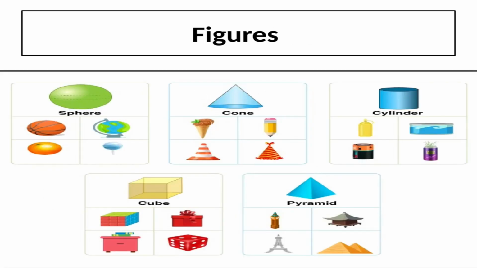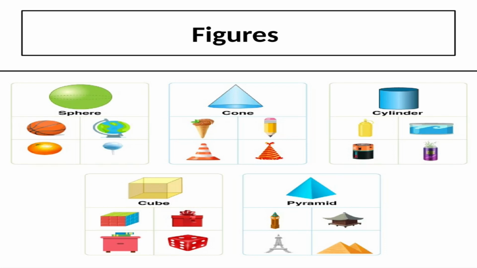In mensuration we deal with the different kinds of figures surrounding us. If you see anything, you will get some figure there. We are surrounded by many figures. So what type of figure may be there? Like here, sphere, cone, cylinder, cube, pyramid, or many more things.